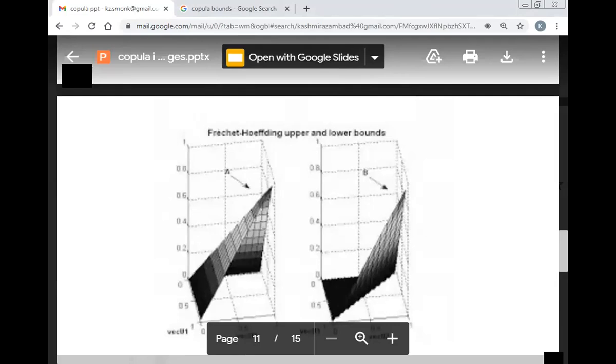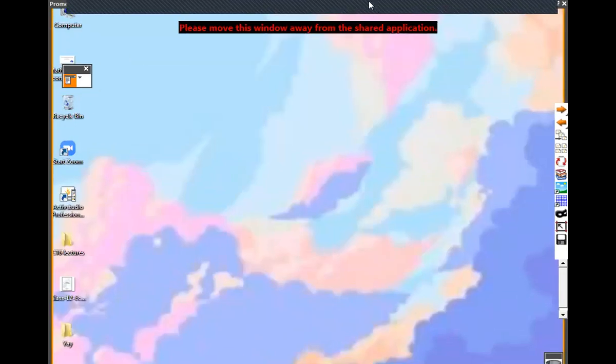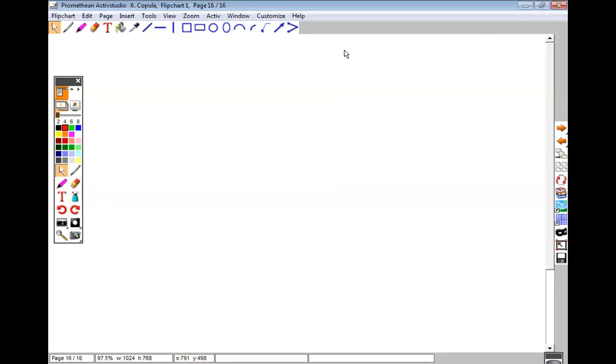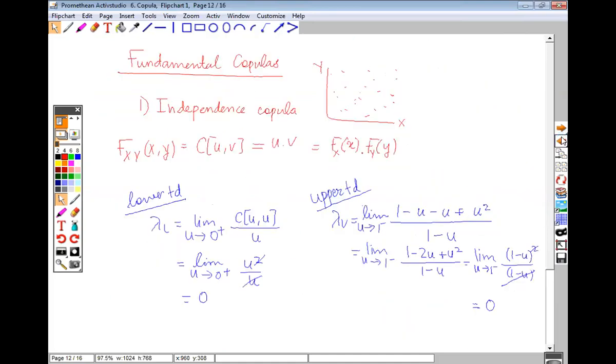And now let me go to our. Yeah. So now if we were to draw these copulas in terms of the contour diagrams, what you would observe, I think the best is just to share your book at this point.